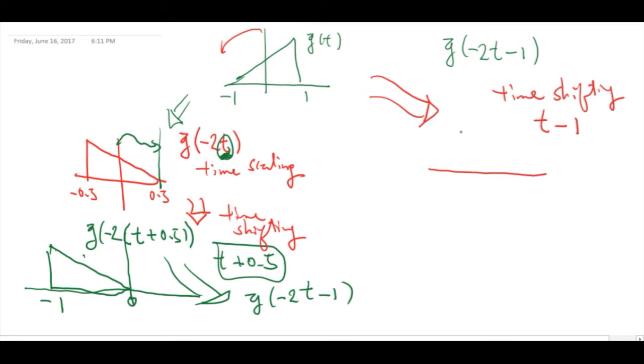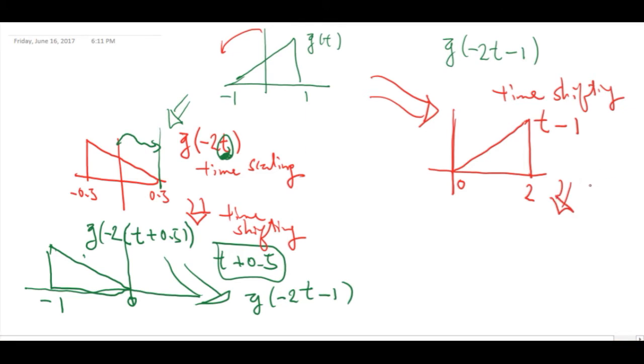So we are going to have the waveform in such a way, we shift the y-axis to -1. So 1 will become 2, this one becomes 0. Okay, pretty straightforward.